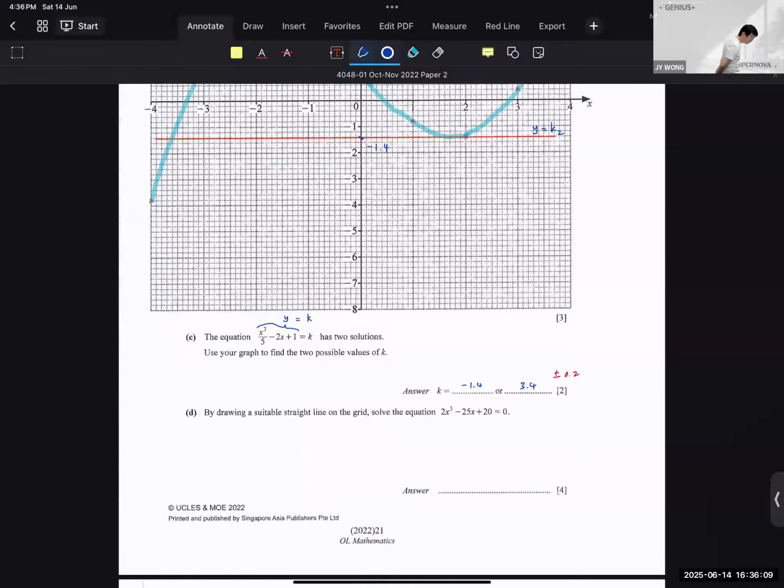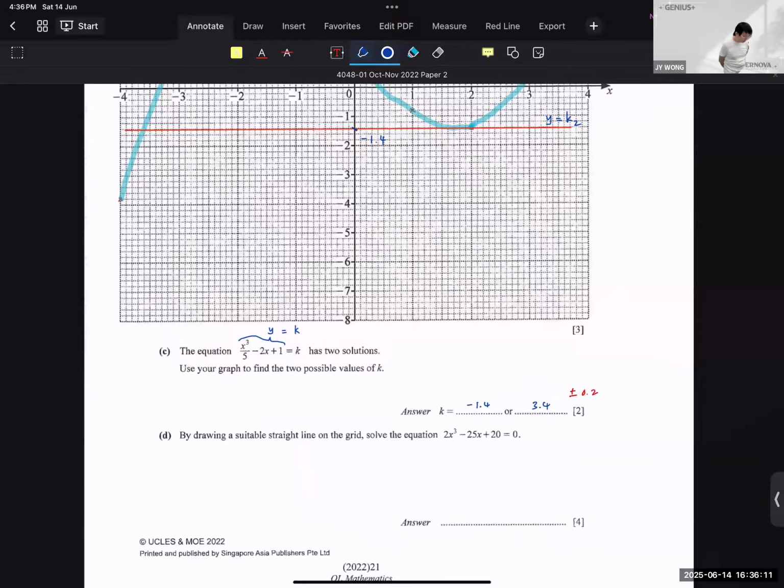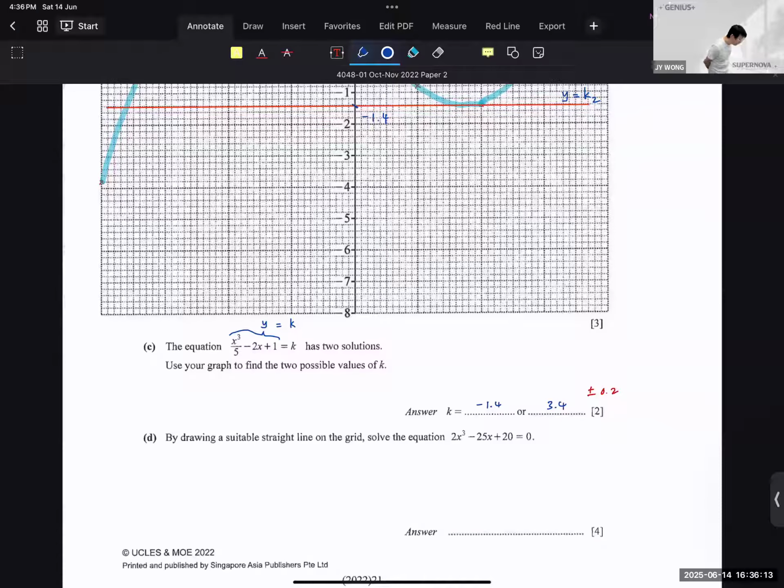Now, let's move on. By drawing a suitable straight line on the graph, on the grid, solve the equation 2x cubed minus 25x plus 20 equals 0 for 4 marks. This kind of question, because we are using the equation on the curve, we must make your y appear.